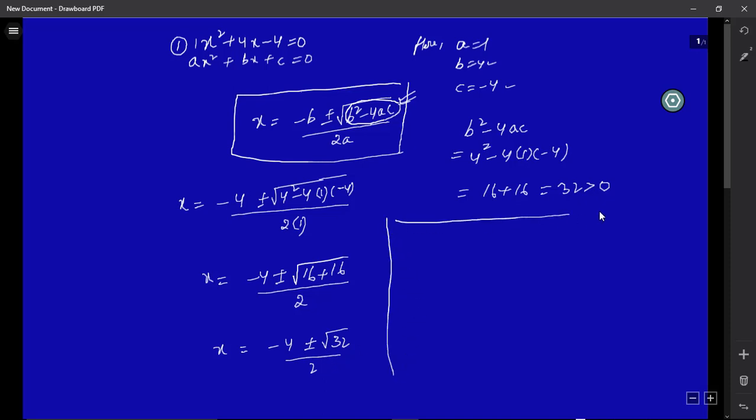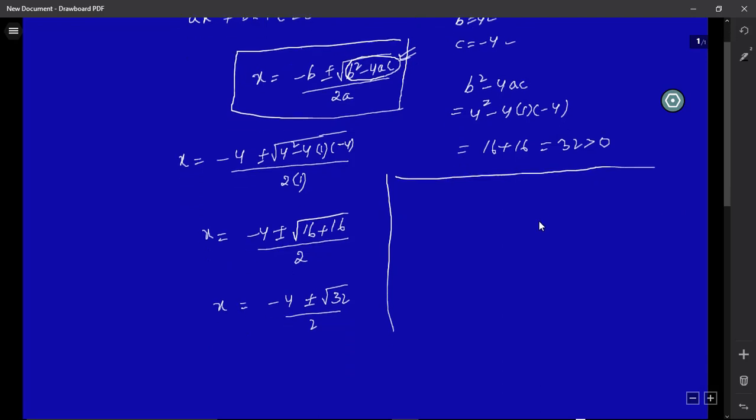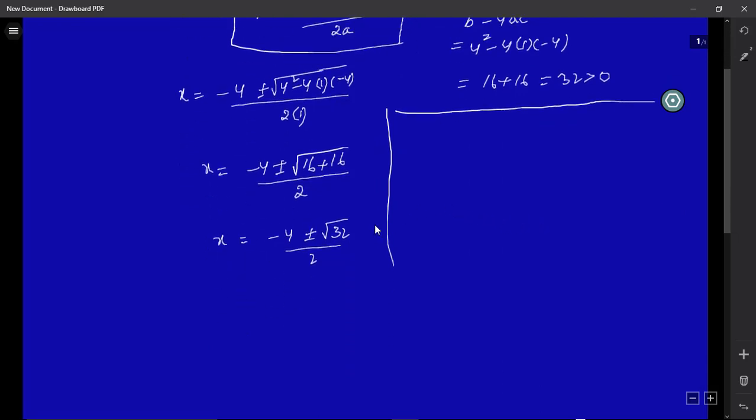Let me just make use of this space to solve the rest of the problem here. Now for 32, we'll have to take the LCM of 32. You see that you can write 32 as 2 into 2 into 2 into 2 into 2. If we multiply 2 five times, we get 32. x is equal to minus 4 plus or minus.